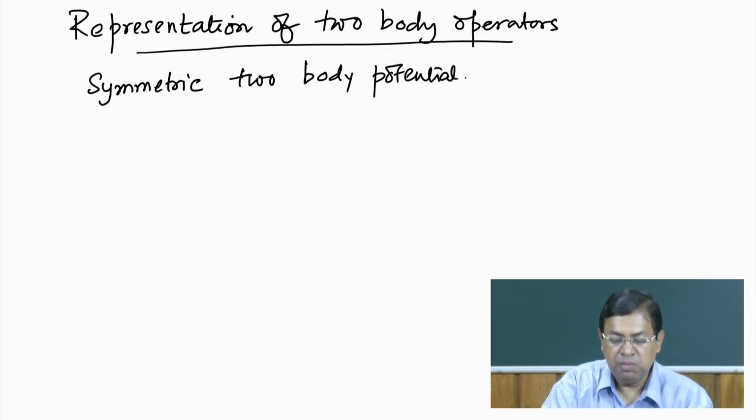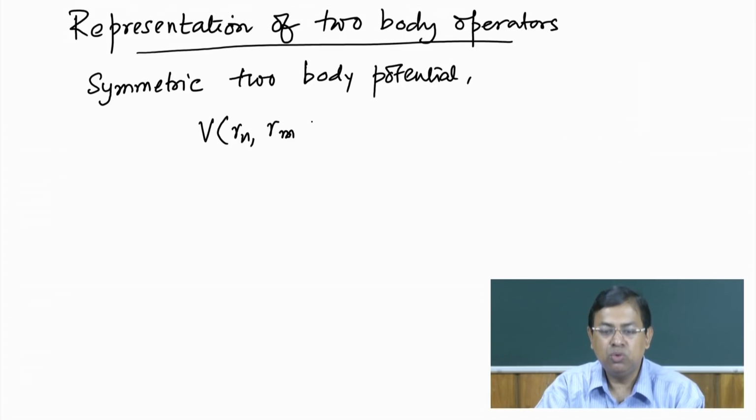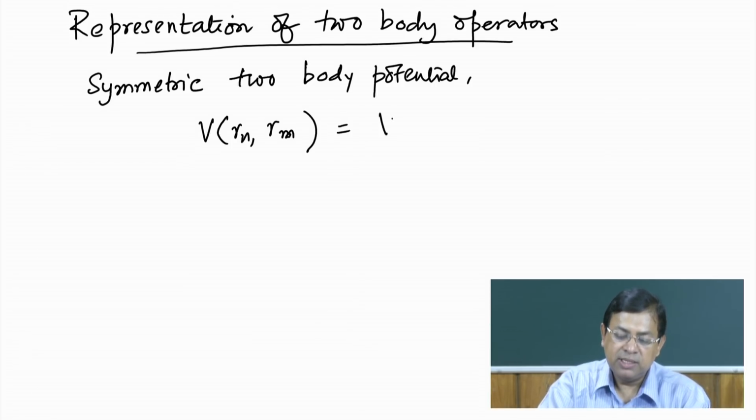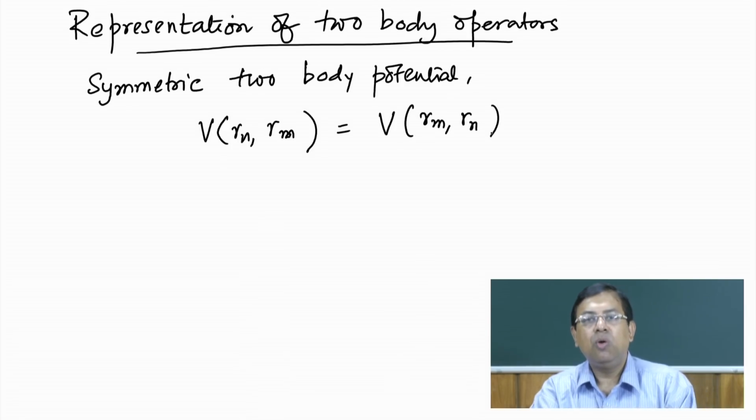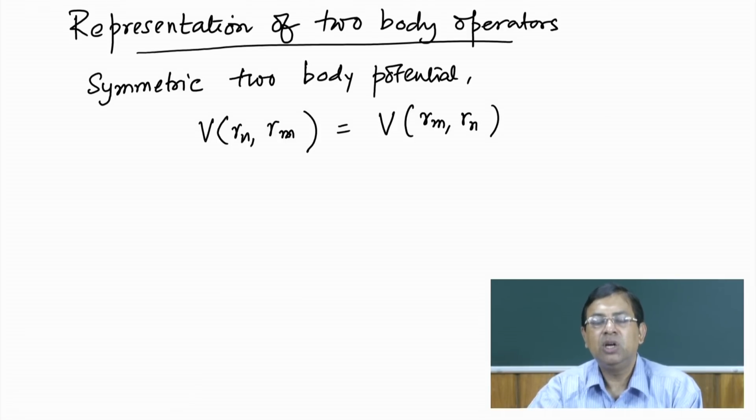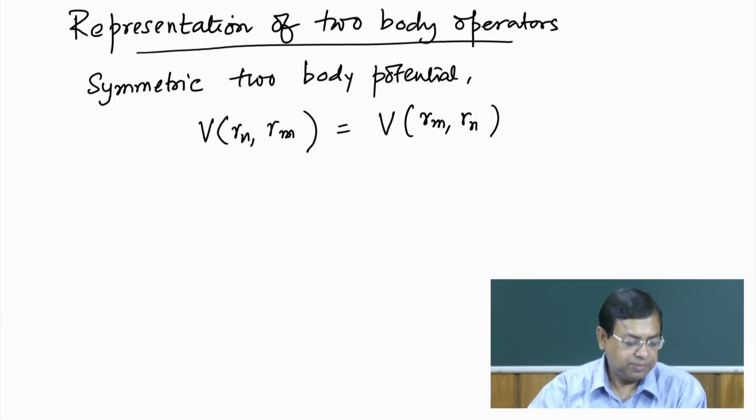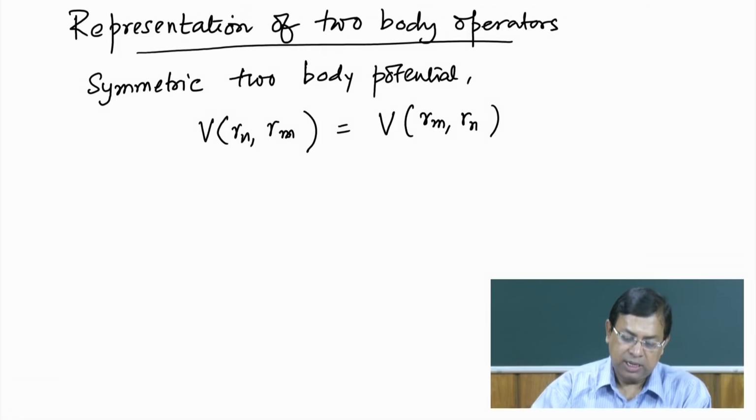By symmetric, what I mean is that V R N R M, where N and M refer to two sites maybe, is equal to V R M R N. So, the interaction potential that one body at N exerts on another body at M is the same as the interaction potential that is exerted by the body at M on N.